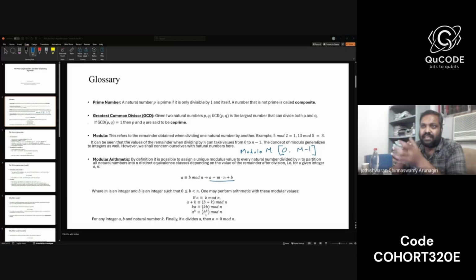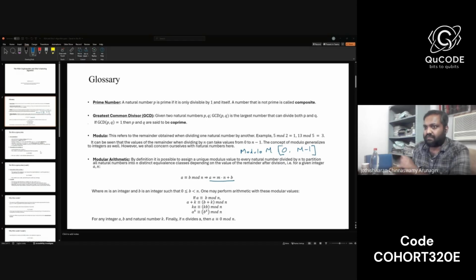Integers used to be 8-bit, 16-bit, and so on, so they were relatively small numbers. If in our calculations the number value exceeded the maximum allowed value for an integer, we would have what is known as an integer overflow, and the integer would loop back into a smaller value. This used to happen with signed and unsigned integers. That is also a direct result of the modular representation of numbers on digital computers.